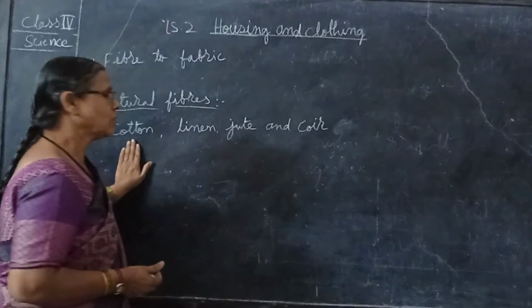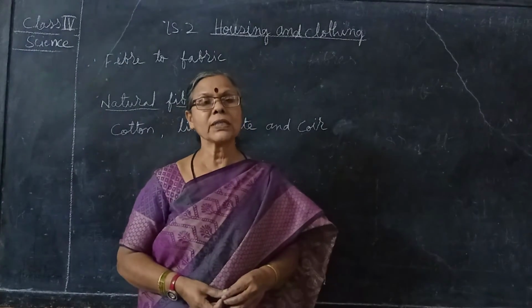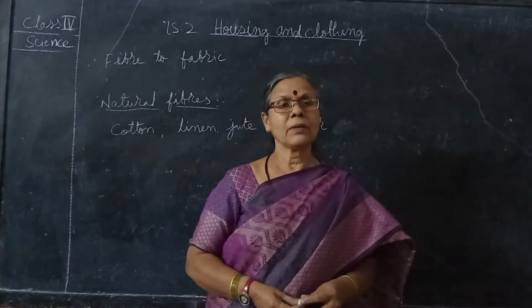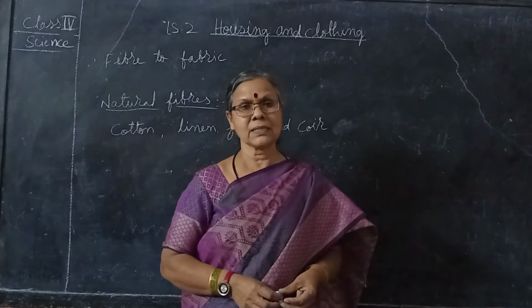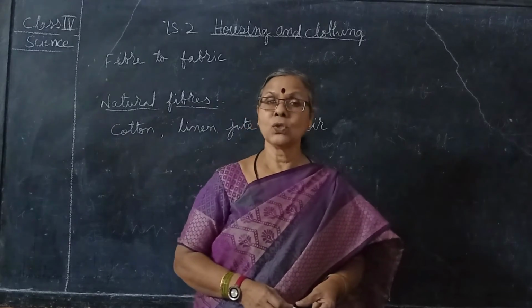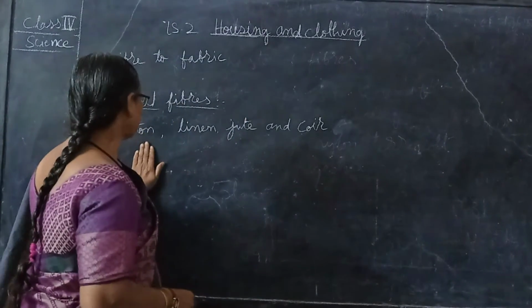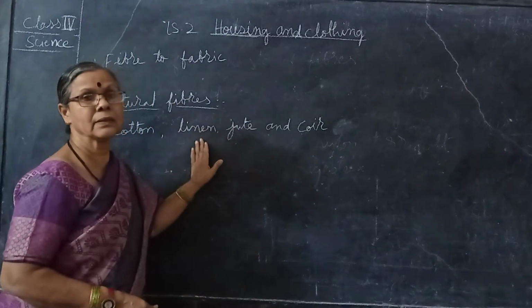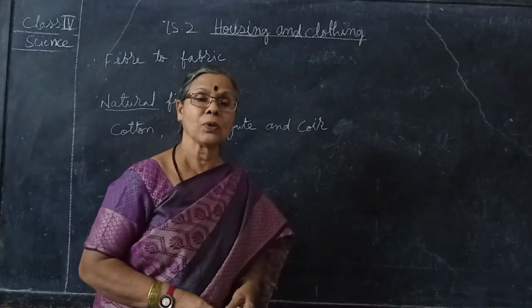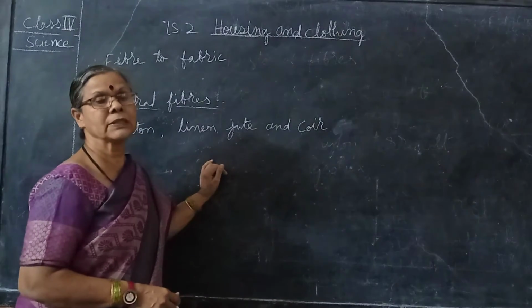So let us learn about cotton. We wear cotton dresses. Isn't it? Loose and comfortable. It is comfortable in all seasons, mostly in the summer season. Loose cotton clothes are very comfortable. Linen is soaked in water for a long time and then separated.